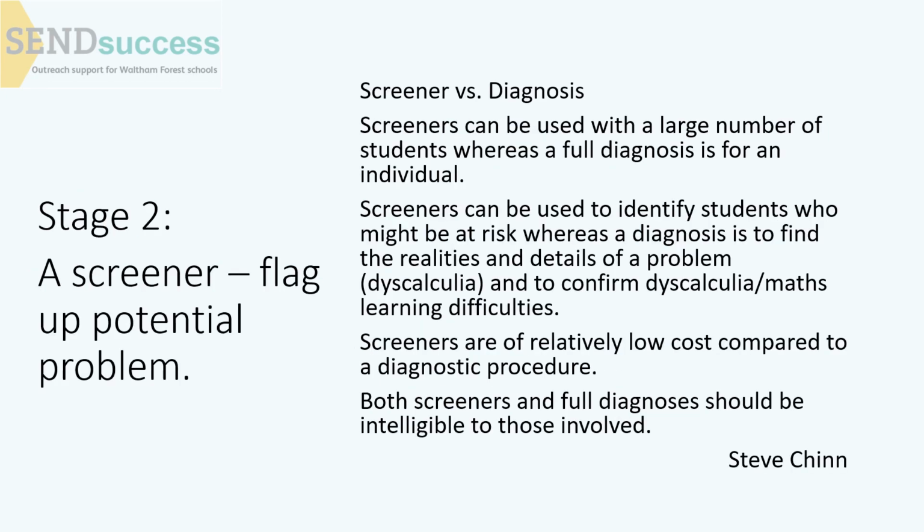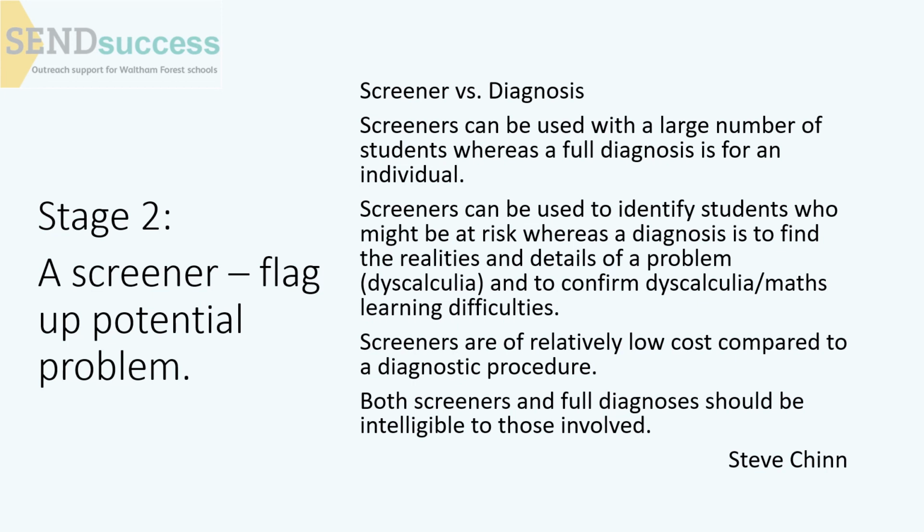To gain a deeper understanding of the young person's needs, screeners are useful. It won't result in a diagnosis, but can provide further information on the needs of that individual. It can flag up a potential problem. So, to lead to a full diagnosis, refer the pupil to be formally assessed through an individual person-to-person diagnostic clinical interview.